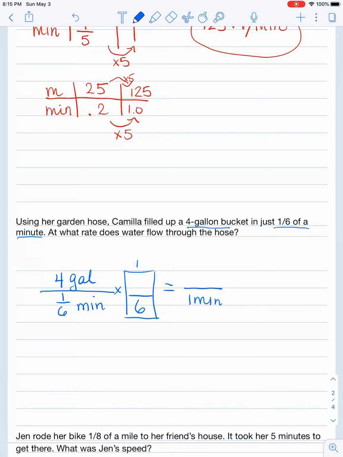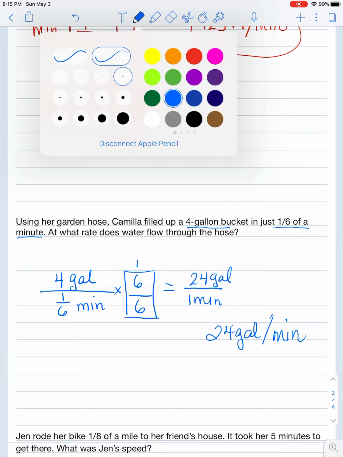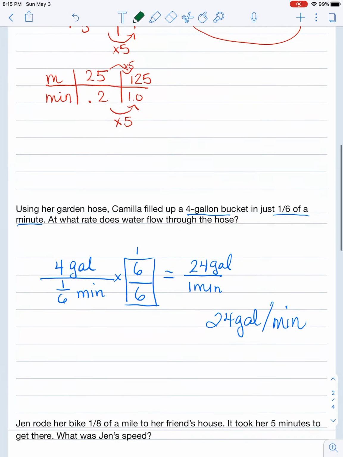I have to multiply it by 6 because 6/6 is 1 whole. And so I have to do the same thing up here. 6 times 4 is 24. And here is your answer. You can leave it like this, 24 gallons in 1 minute, or you can write 24 gallons per minute. And again, that agrees with our very rough estimate, which was that she could fill more than 4 gallons if given a whole minute. All right, now let's look at one last problem.